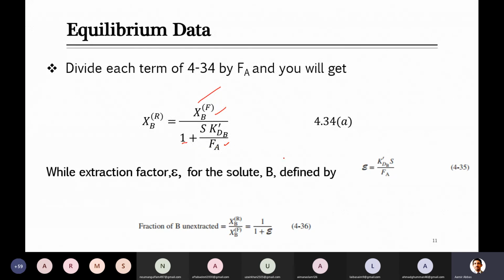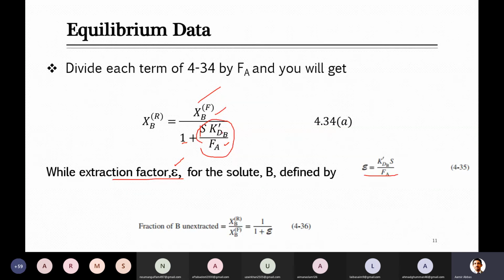This factor, S Kd over FA, is defined as the extraction factor, represented with epsilon. The extraction factor is the ratio of the distribution coefficient multiplied by the externally introduced solvent flow rate, to the carrier flow rate, which is part of the feed.